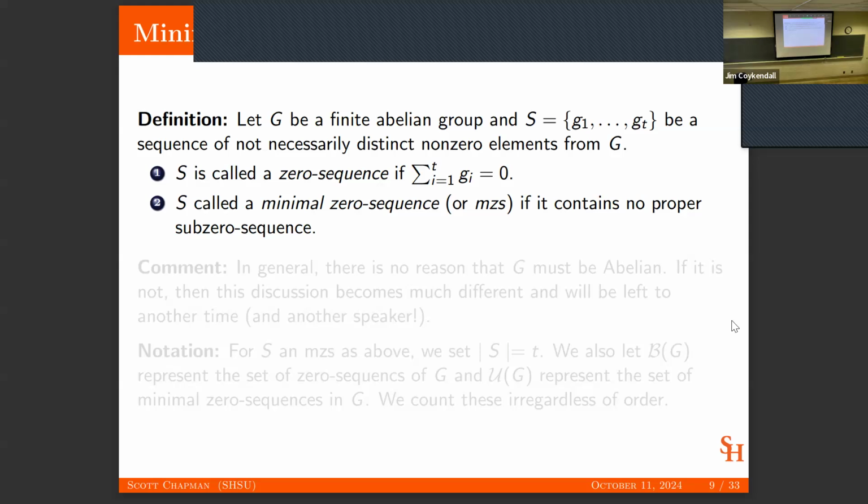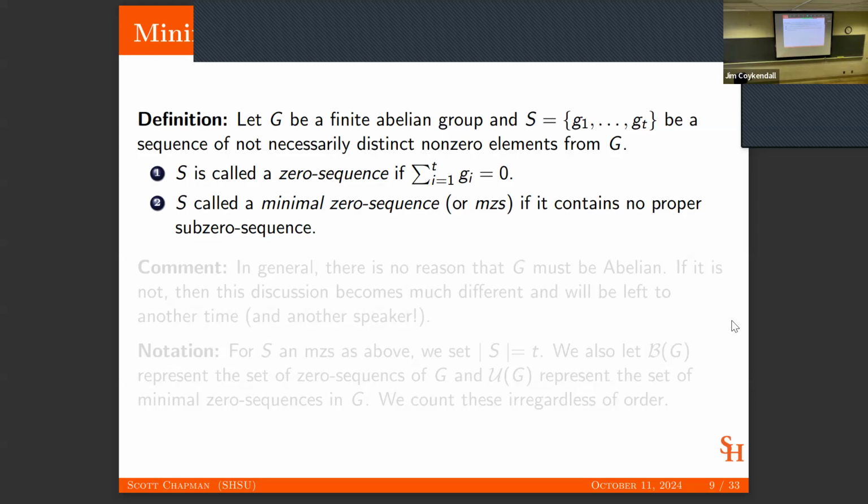Okay, so suppose you have a subset of elements from your finite abelian group. I'm calling it S up here: g sub 1 down to g sub t, and these are elements that are not necessarily distinct. You have repetitions.